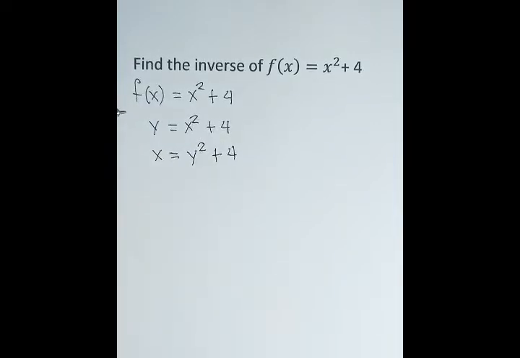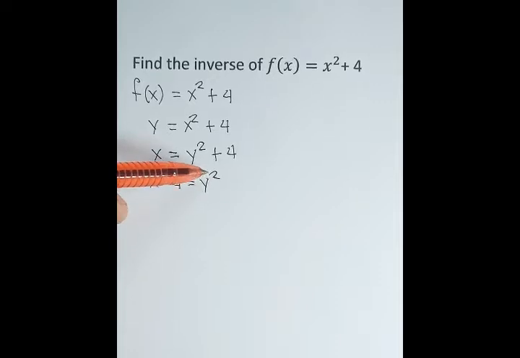And then we will solve for y. So ato siyang i-transpose ang 4. So x minus 4 is equal to y squared. Then take the square root on both sides.